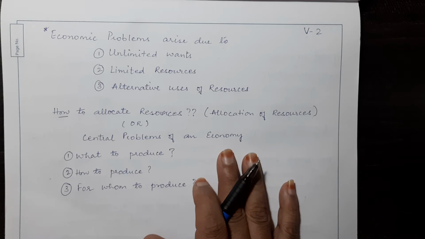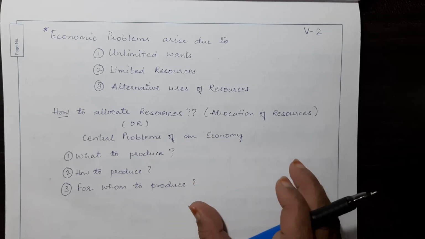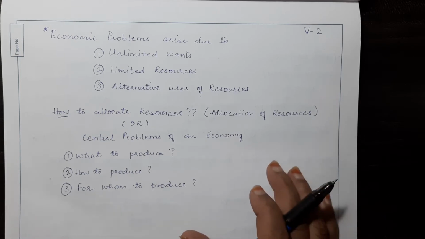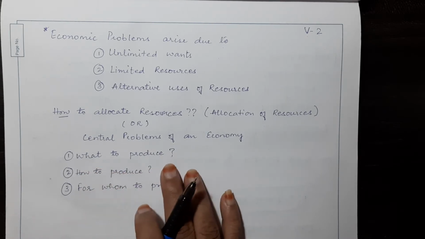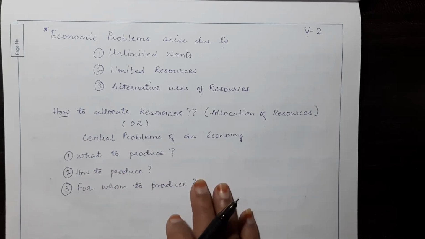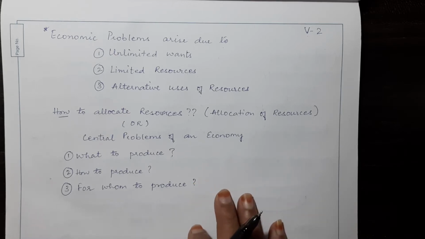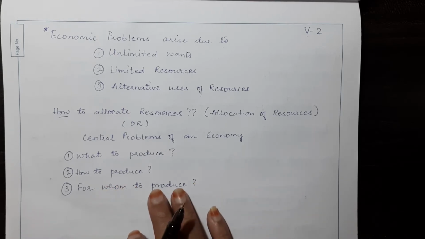What are these problems? Given some resources, what am I going to do? So what do I produce? Or simply, what to produce with a given resource. Okay, now I decide what to produce. Now how do I produce a good?